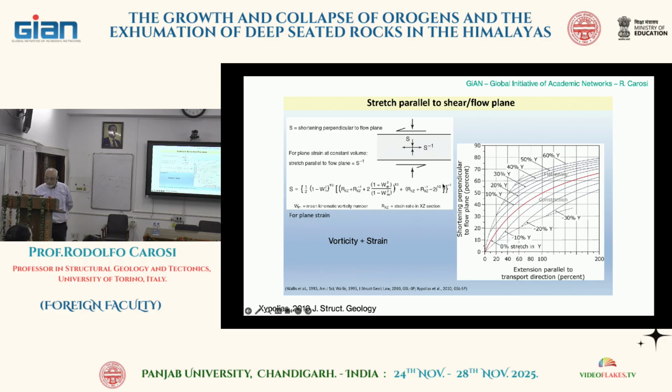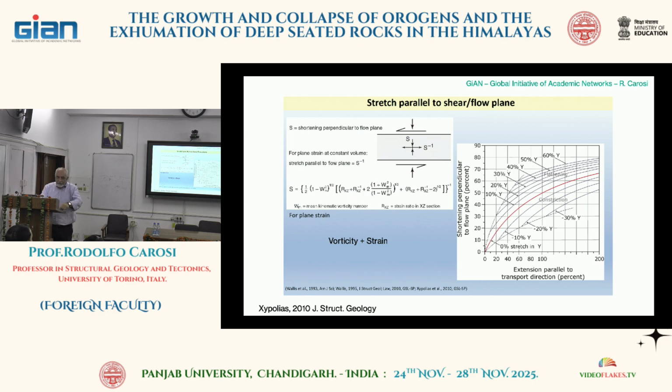You solve this equation and you find S. S is the shortening or the stretching along the shear zone. Of course, you have a positive stretching in vertical and a negative stretching in horizontal, that is extension. So you can calculate how much material is extended due to vorticity and strain.